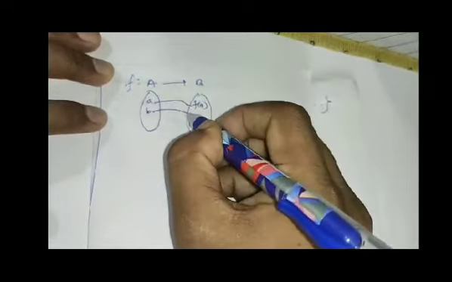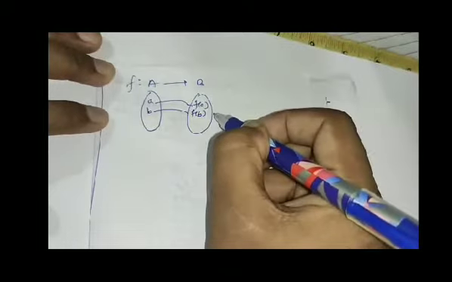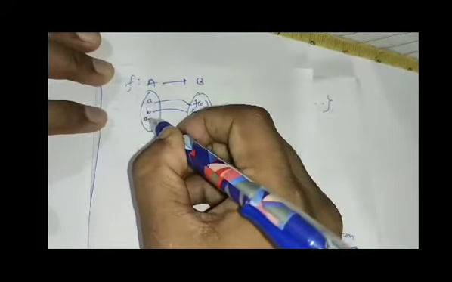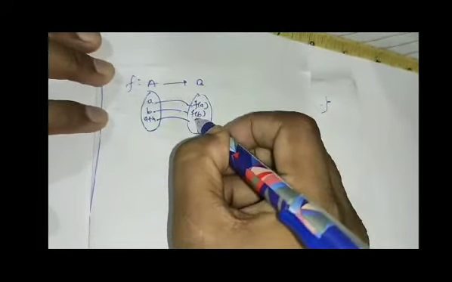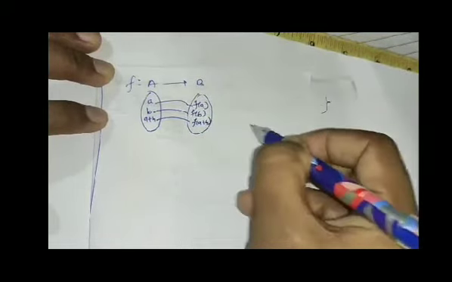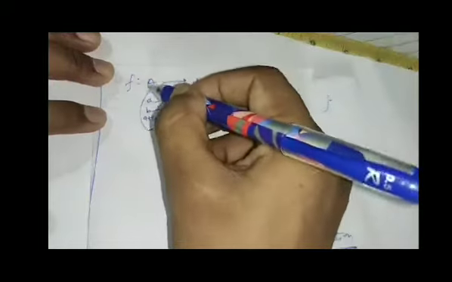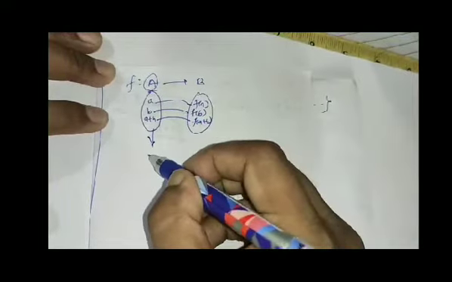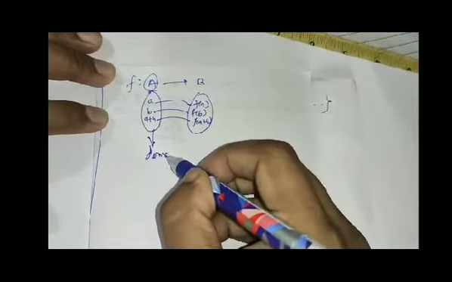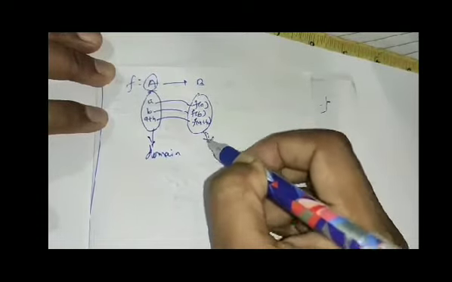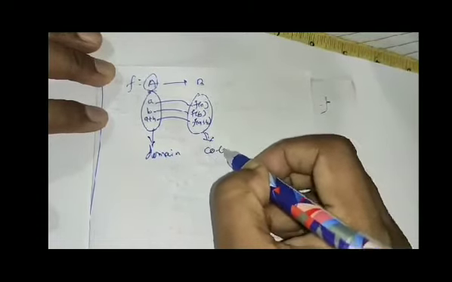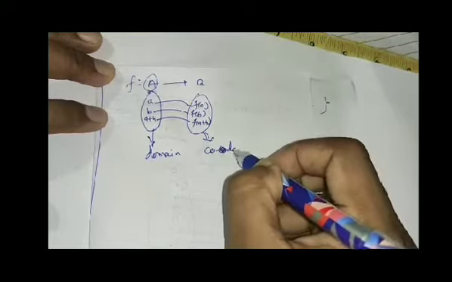Then b, what is the image of b? f of b. If I take a plus h, what is the image of this? f of a plus h. So this set A we call the domain, and this set B we call the codomain.